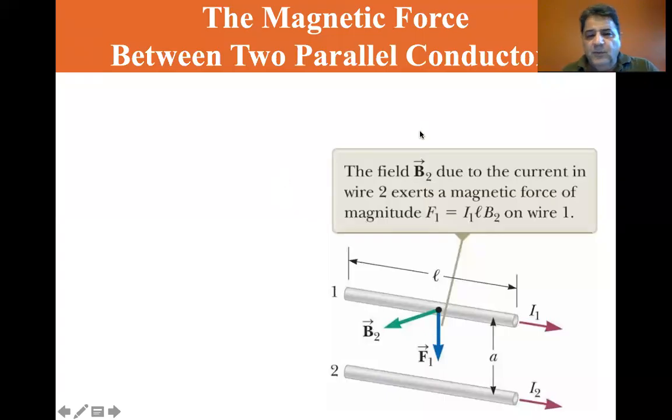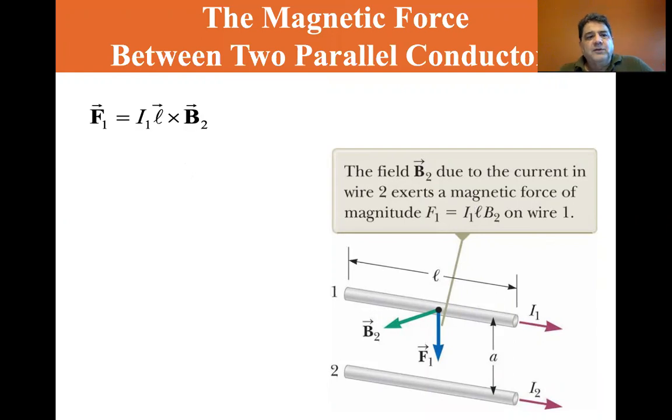Okay, so we see the field B2 due to the current in wire 2 exerts a magnetic force of magnitude F1 equals I1 L B2 on wire 1, I1 being the current in conductor 1.